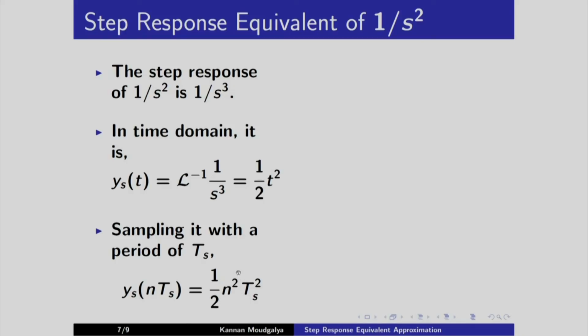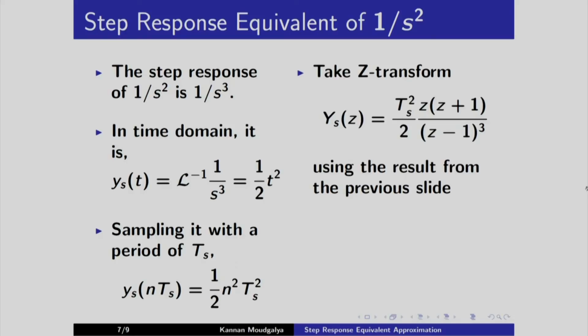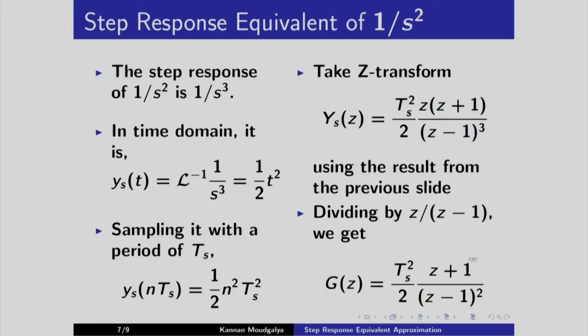Let us take the Z transform of this, using the result given in the previous slide, you get this expression. Now once again divide by Z over Z minus 1, we get this transfer function. So as in the previous slides, the Z transform of the transfer function given in the title is obtained here.